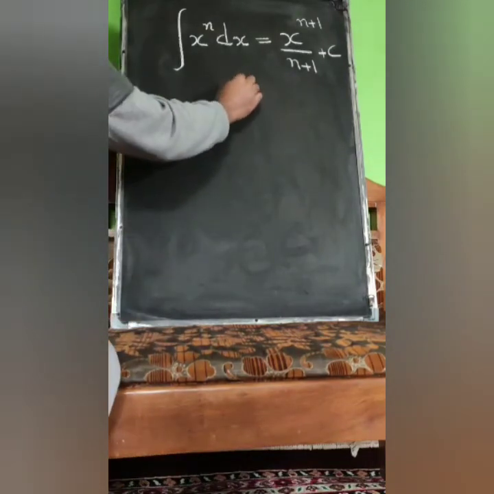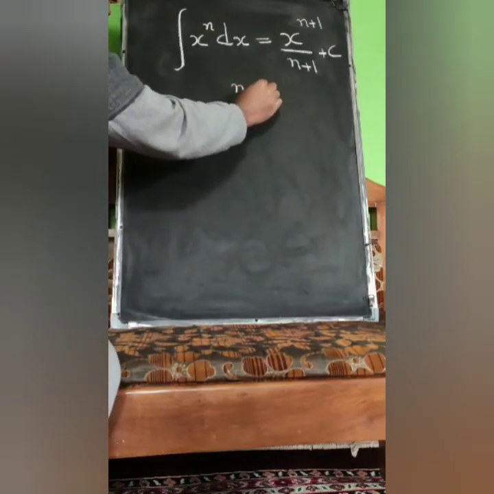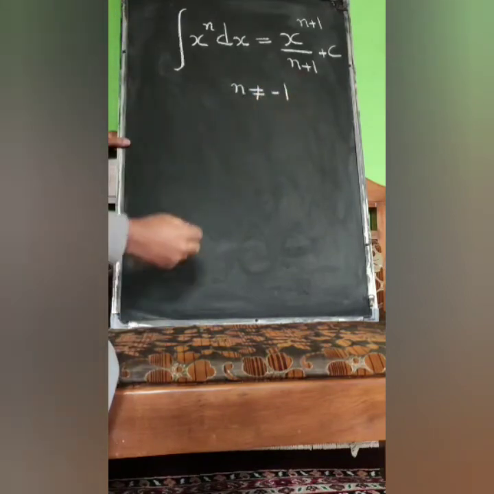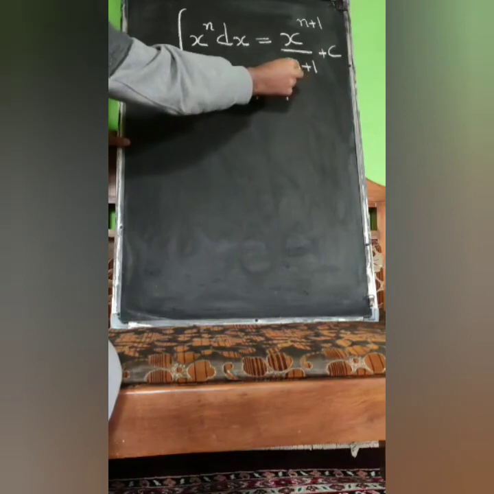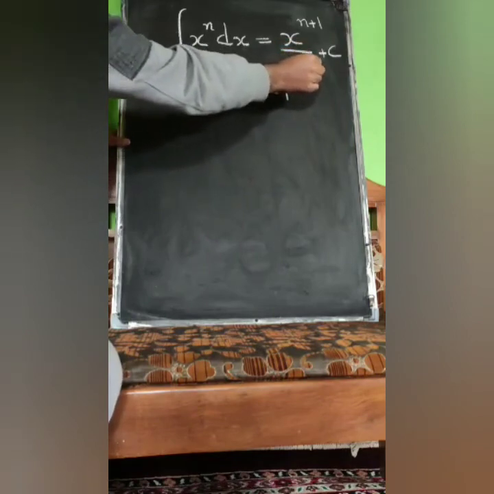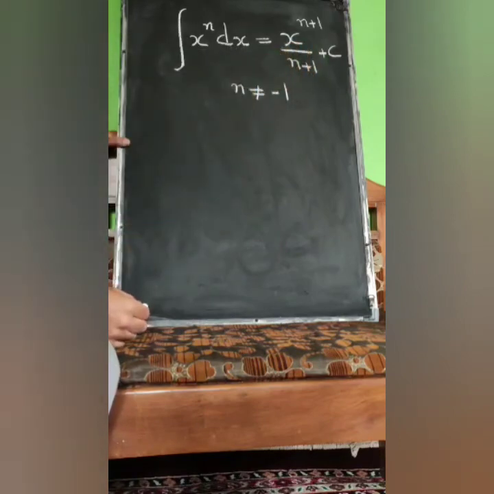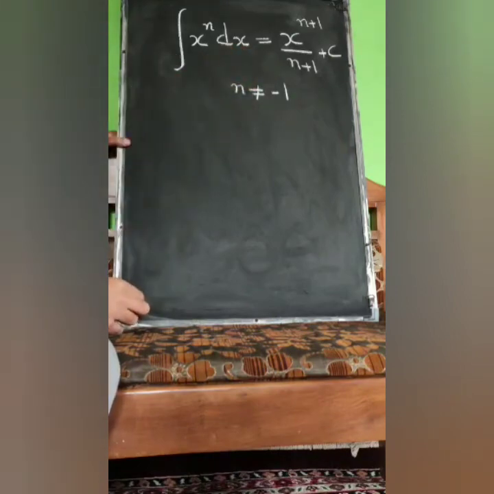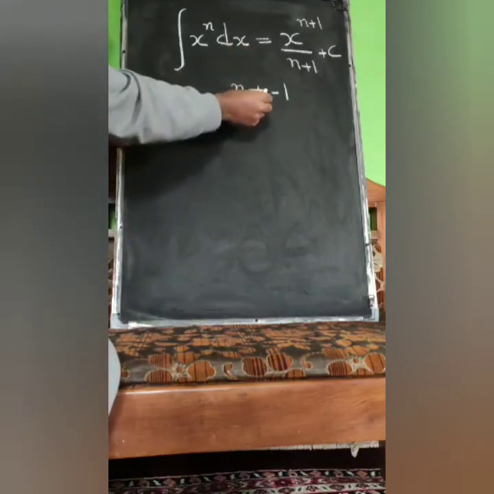Here n cannot be equal to minus 1, because if n is equal to minus 1, then here in denominator we get minus 1 plus 1, that is equal to 0. So it becomes undefined. Therefore, n can be any number except minus 1.